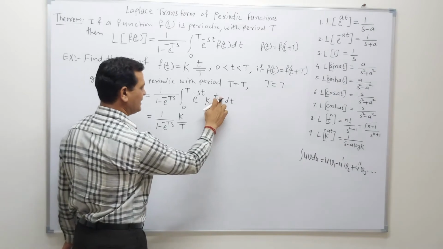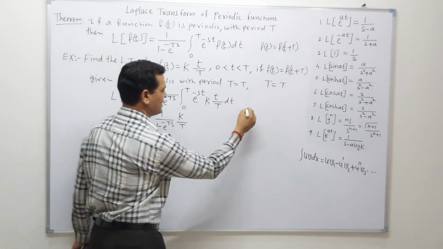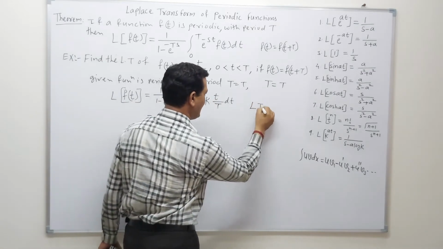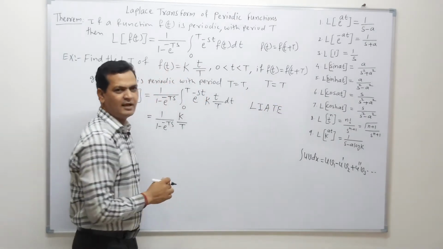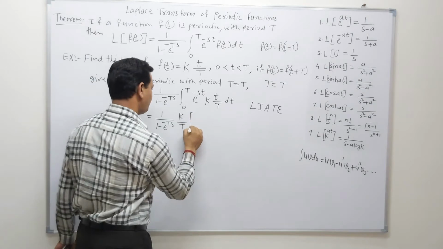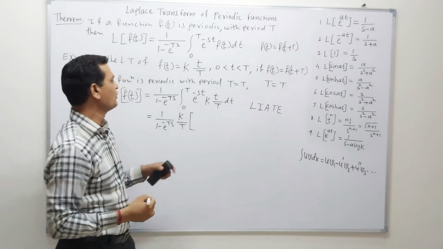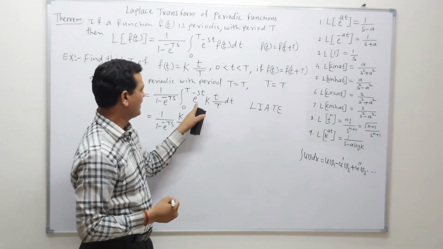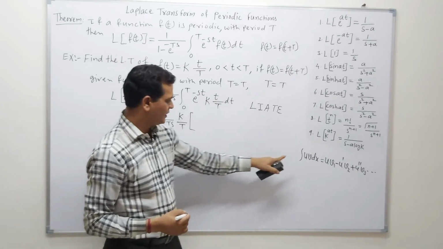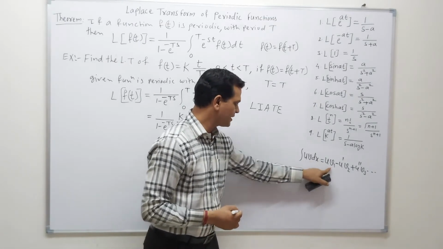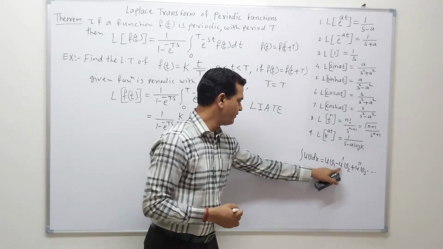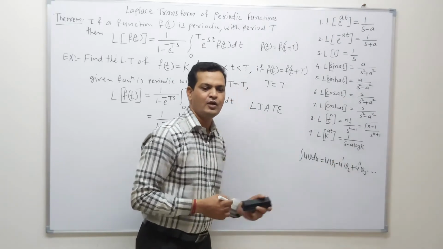Then remaining function is t and e raised to minus st. Again, as per LIATE rule, exponential is the last function. So we can apply general rule for integration by parts for t and e raised to minus st. So this is the general rule for integration by parts: first function, integration of second, minus derivative of first, integration of second, and so on.